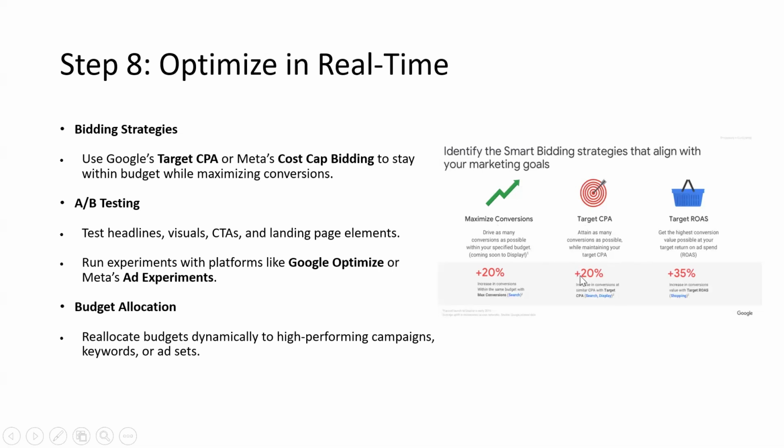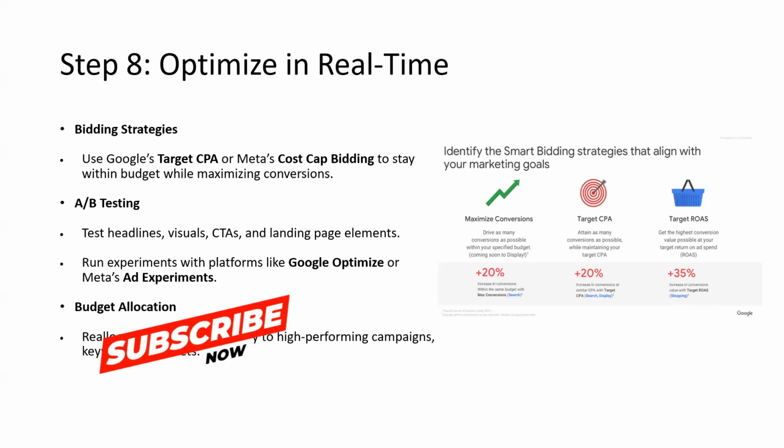Here you see a 20% increase in conversions at similar CPA with target CPA. So target ROAS: get the highest conversion value possible at target return on ad spend, or the ROAS, a 35% increase in conversion value with target ROAS. So these are the kind of numbers that we can achieve if we use targeted smart bidding strategies.